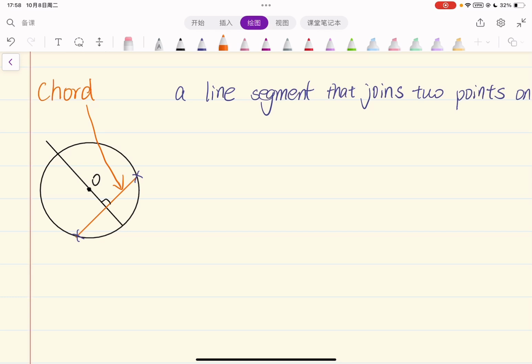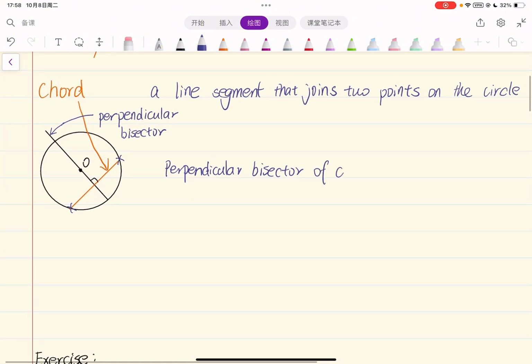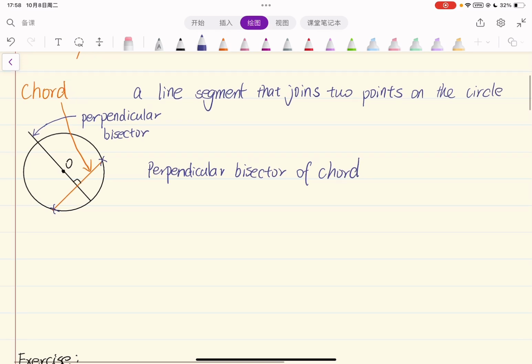So what's the property of that? Here is a perpendicular bisector. The perpendicular bisector of a chord will go through the center of the circle.